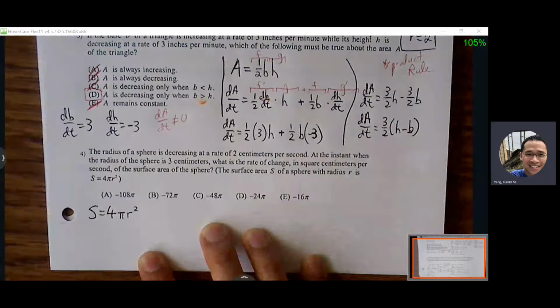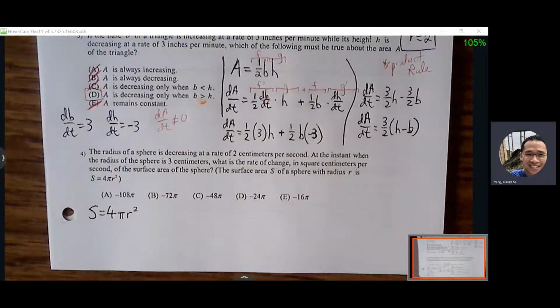Okay, start with s equals 4 pi r squared. Find your derivative. Your d over dt will start popping up for each of the variables.